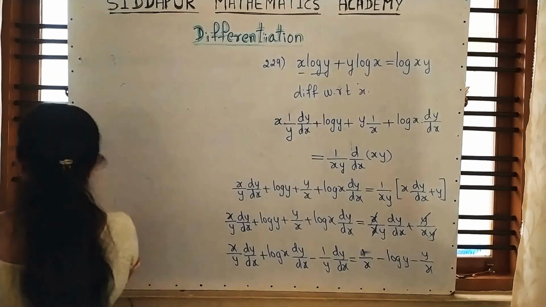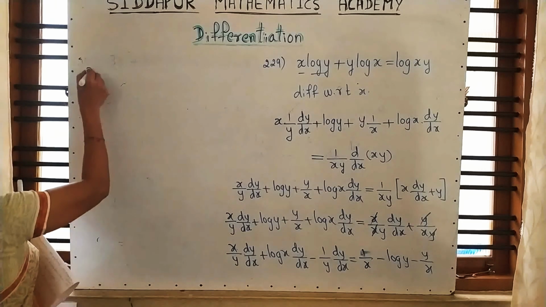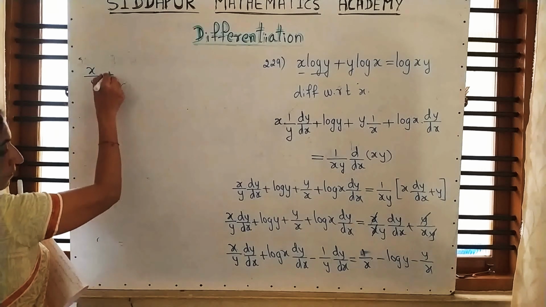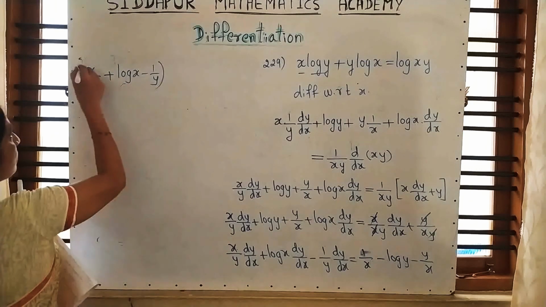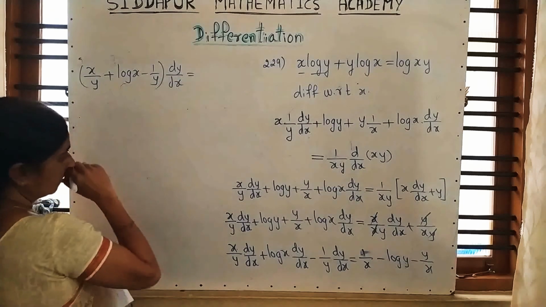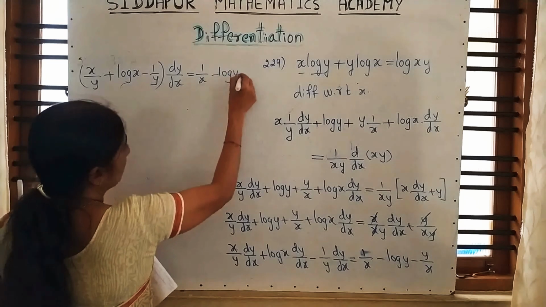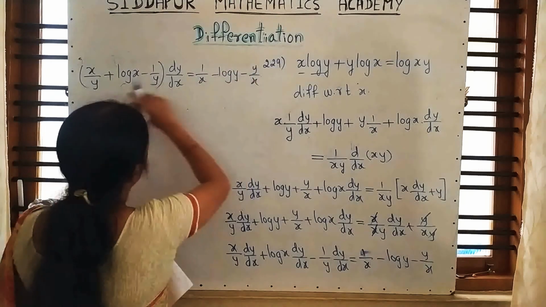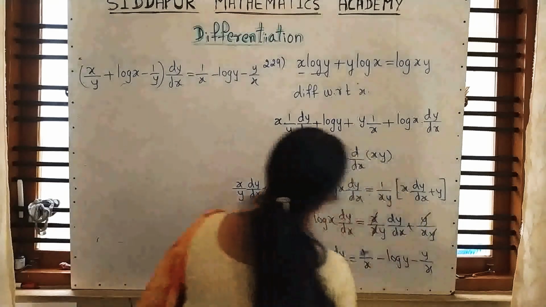Take dy upon dx common. And the remaining terms on that side. Can you write that last step? Yes.